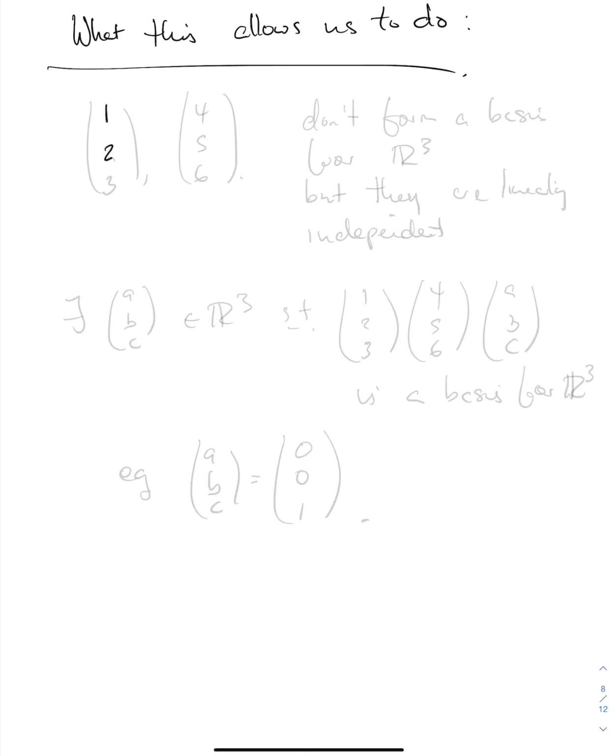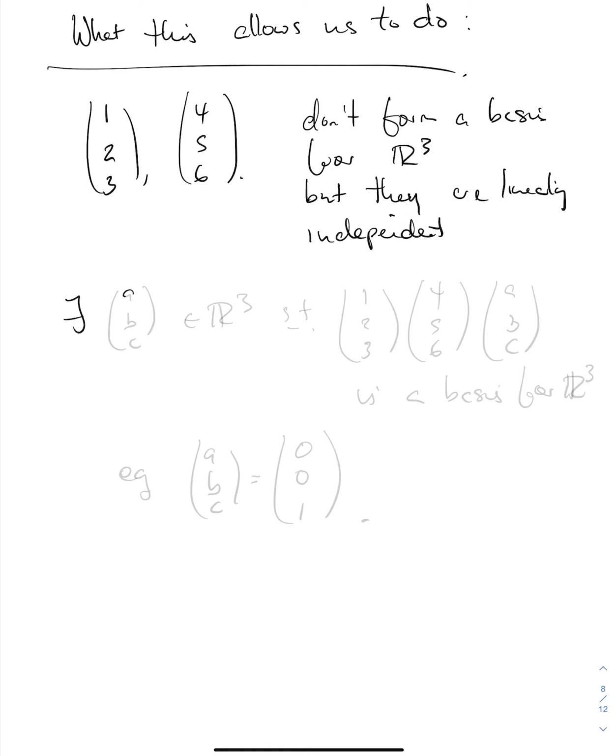All right, so we've got 1, 2, 3, and we've got 4, 5, 6. We know that they don't form a basis for R3, because we need at least 3 vectors to do that, but we know that they are linearly independent.